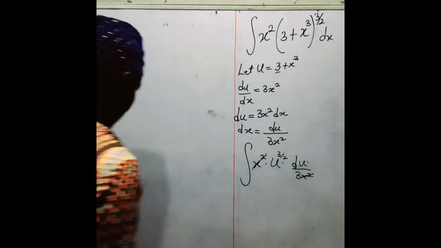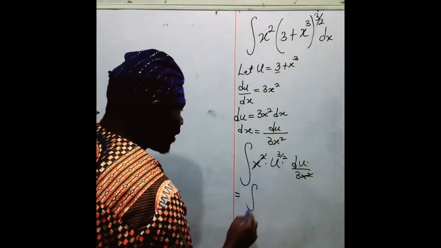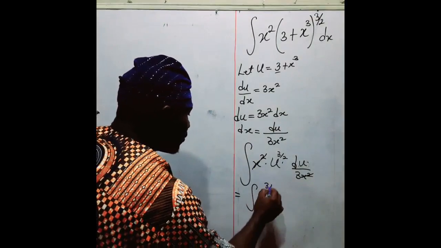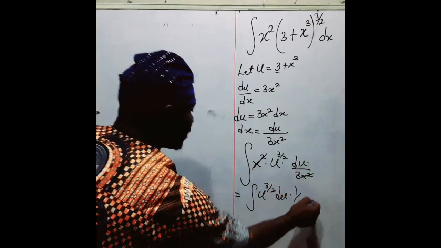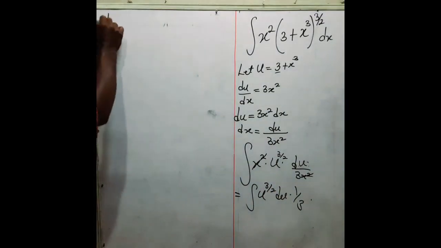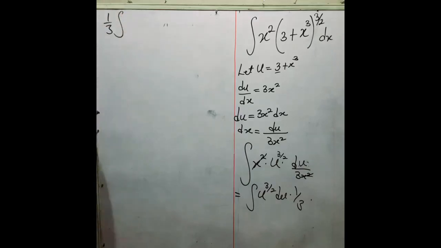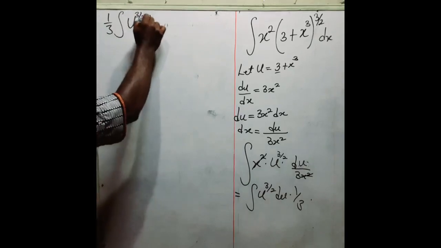So the value will now give us integral u to the power 3 over 2 du times 1 over 3. So if this is now the case, it will give us 1 over 3 integral u raised to power 3 over 2 du.